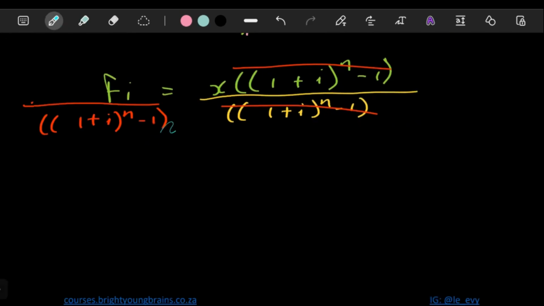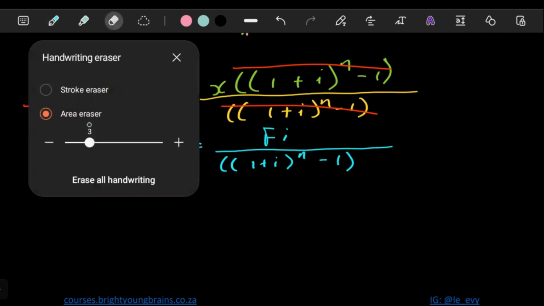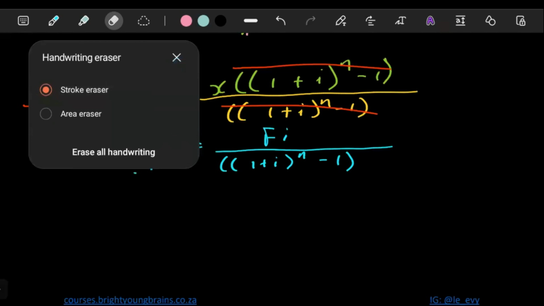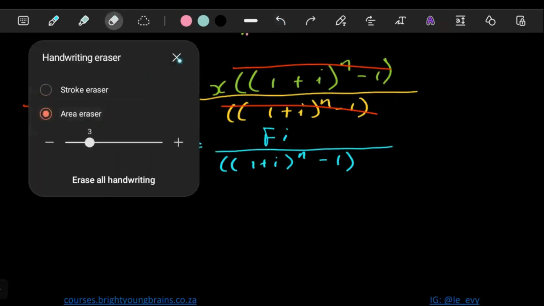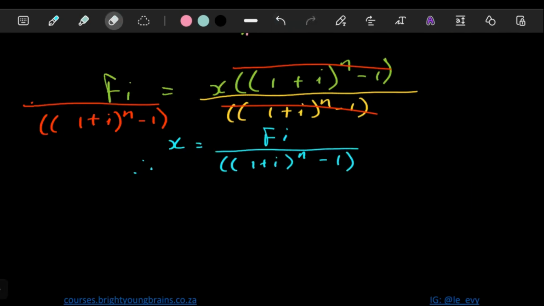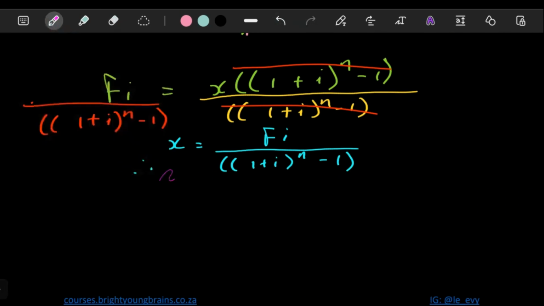So here's therefore our x value, right? x equals Fi over (1 plus i to the power of n minus 1). There we go. That's what you need to keep in mind. Having written it like this allows you to make fewer mistakes because it allows you to put everything in the calculator.